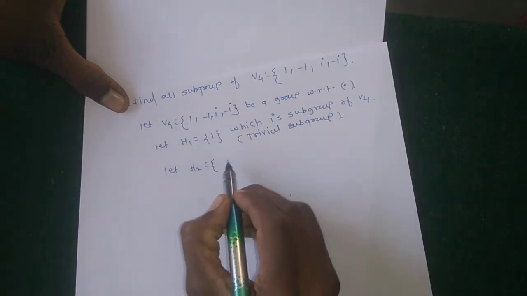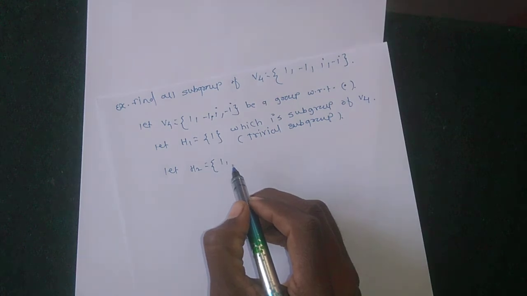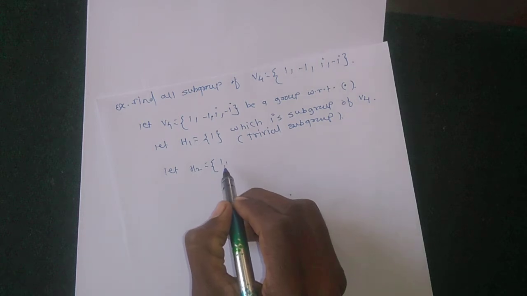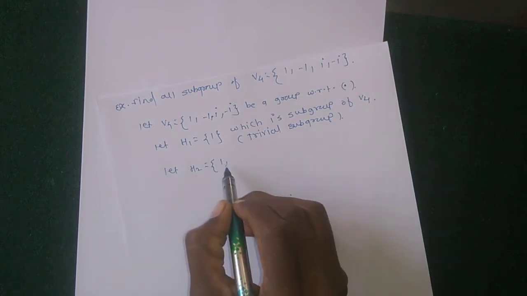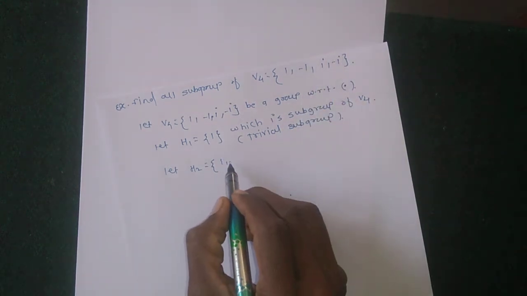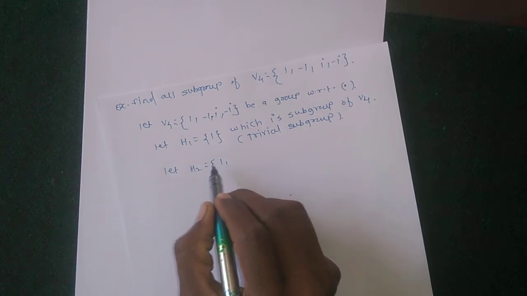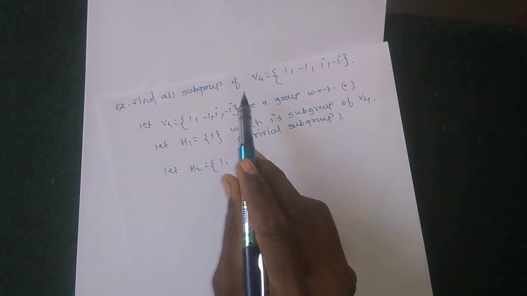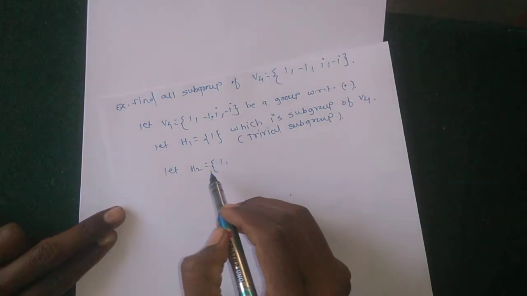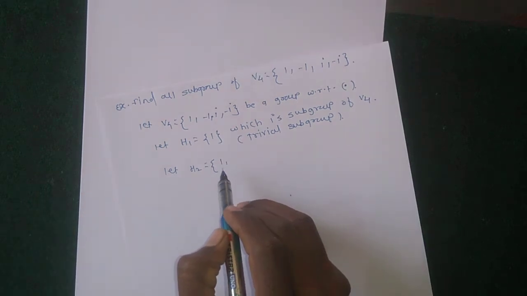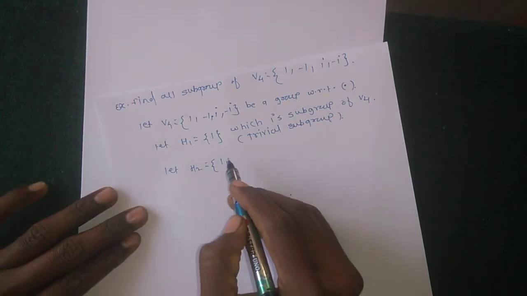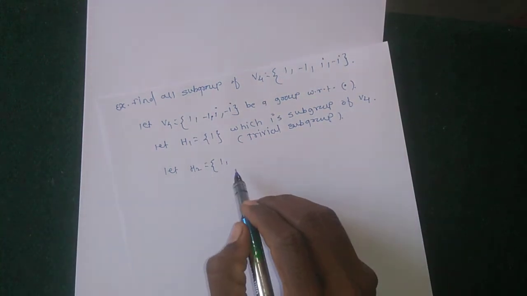Then for the second subgroup, suppose the subset we choose contains two elements. The first element must be the identity, and the other element can be anything. Any subgroup of a group must contain the identity element, because if the identity element is not chosen in the set, then the given set is not a subgroup.